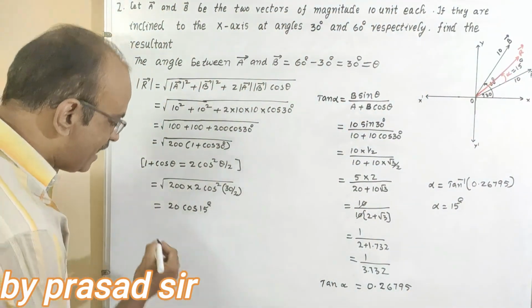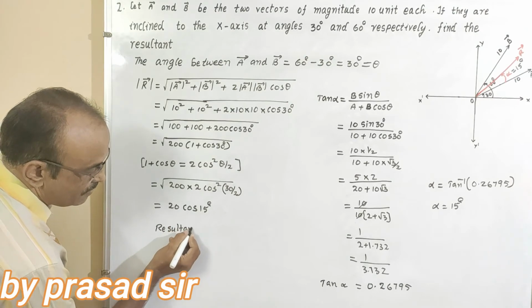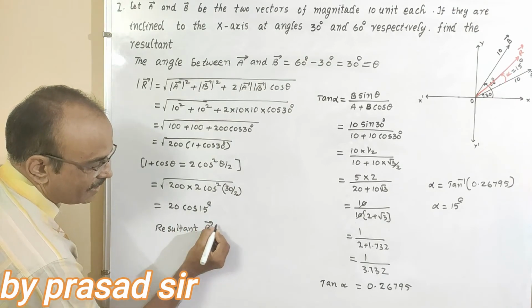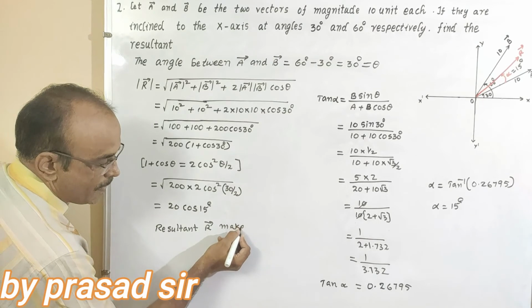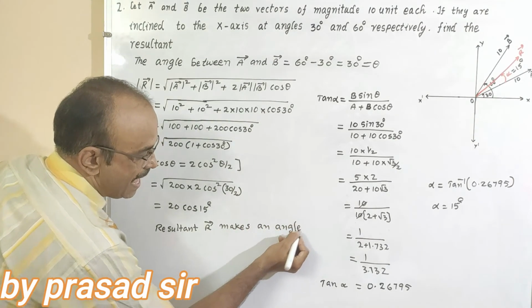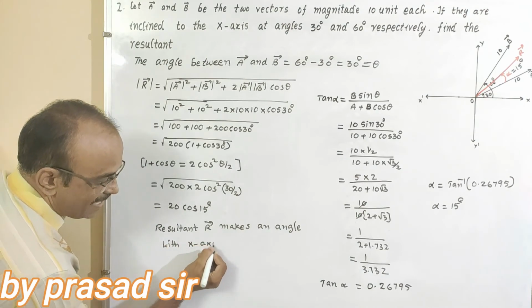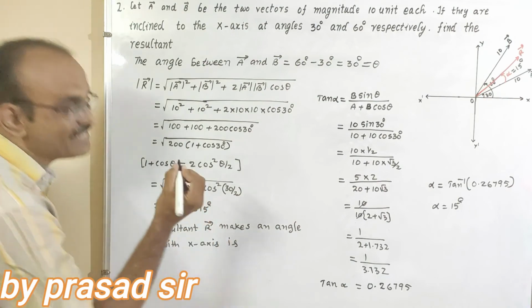But what we required here is the resultant R vector makes an angle with the x-axis.